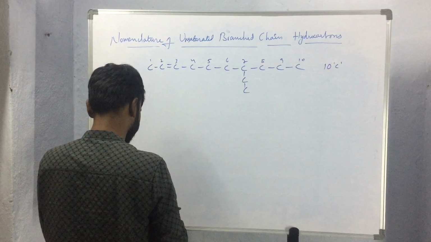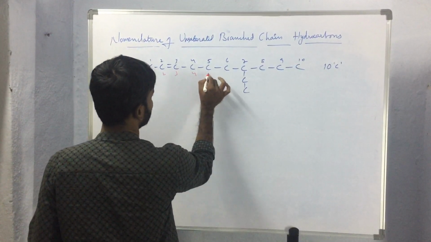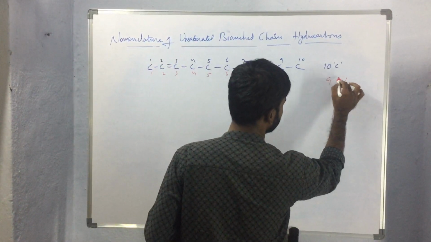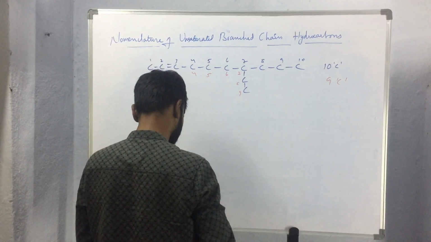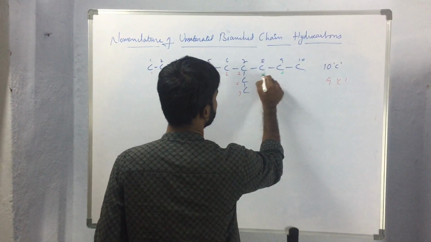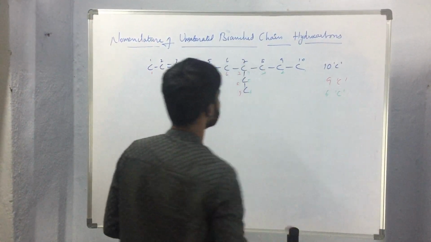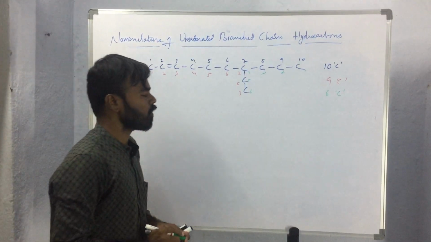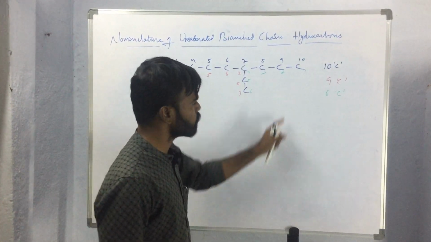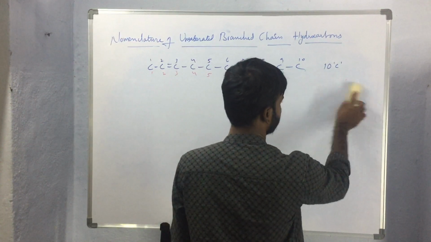Then 1, 2, 3, 4, 5, 6, 7, 8, 9: another possibility with 9 carbon atoms. 1, 2, 3, 4, 5, 6: another possibility with 6 carbon atoms. So among all these, 10 is the longest continuous chain, so we will consider the chain having 10 carbon atoms as the parent chain.